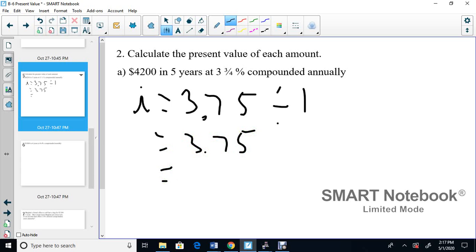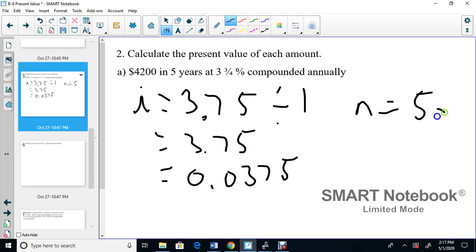Then divide that by 100, so you get 0.0375. And n here is just 5, since it's times 1 because it's annually. You don't have to put the 1, it's just whatever the numbers are.